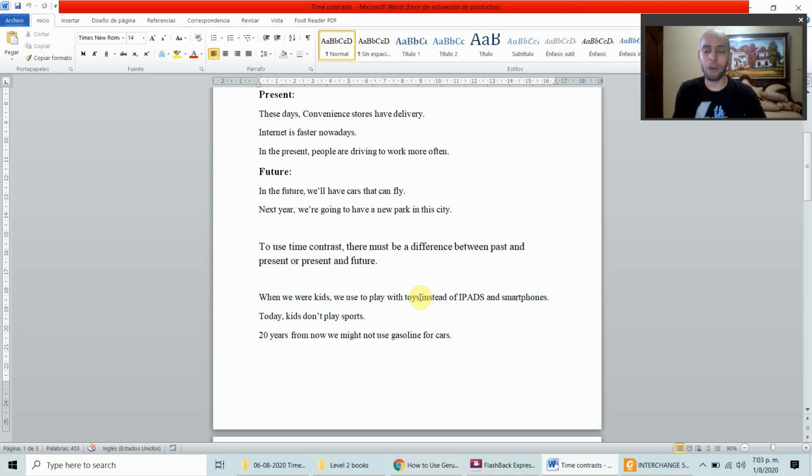But kids nowadays, kids today in the present, play with iPads, iPhones, smartphones and computers. So the difference now, kids play with computers and iPads and smartphones. Before, in the past, kids used to play with other stuff like marbles or normal toys like cars and dolls.